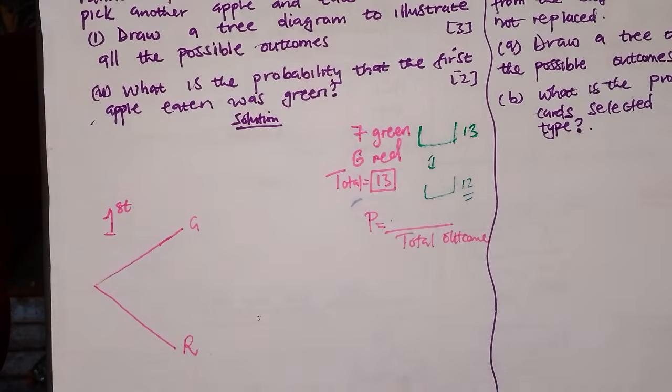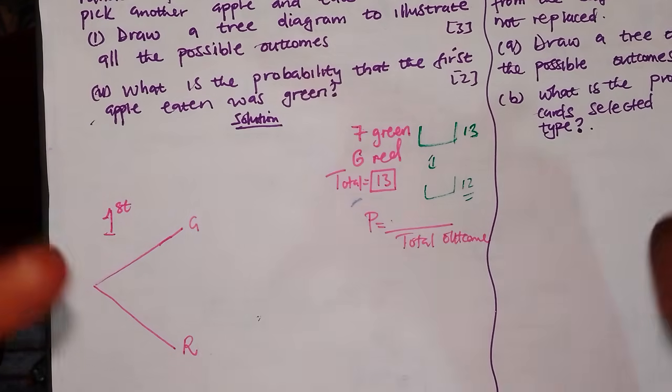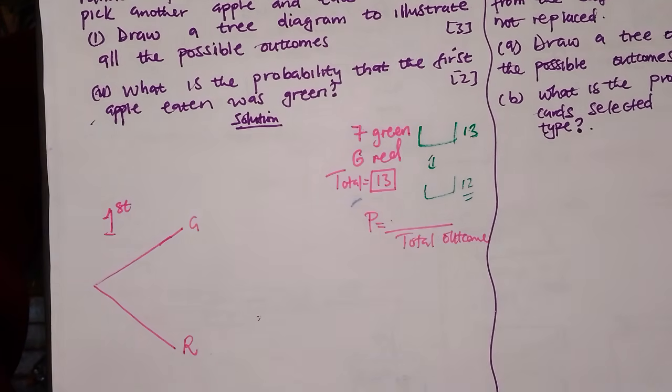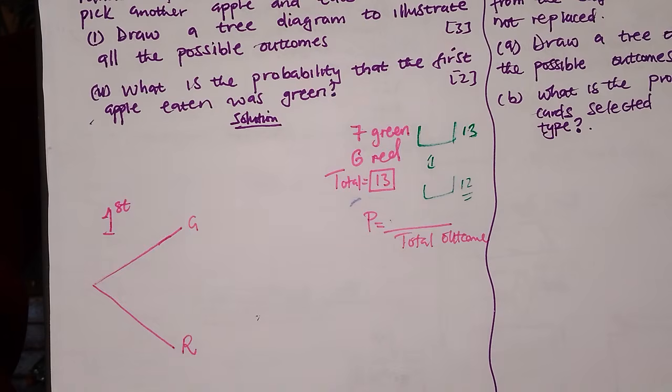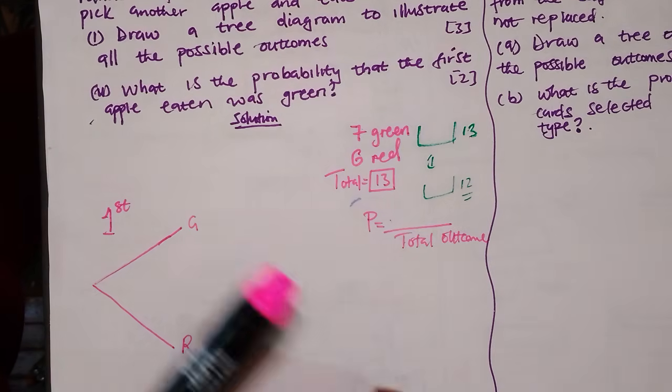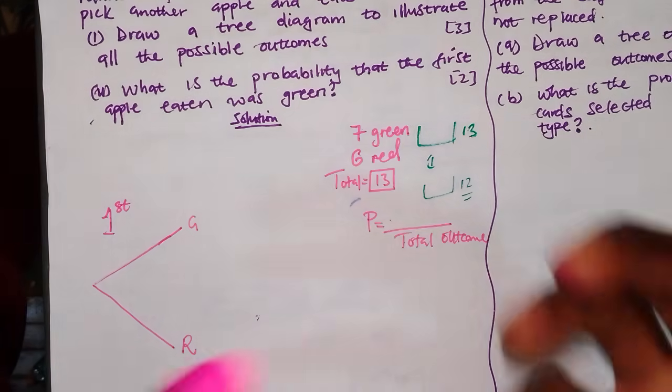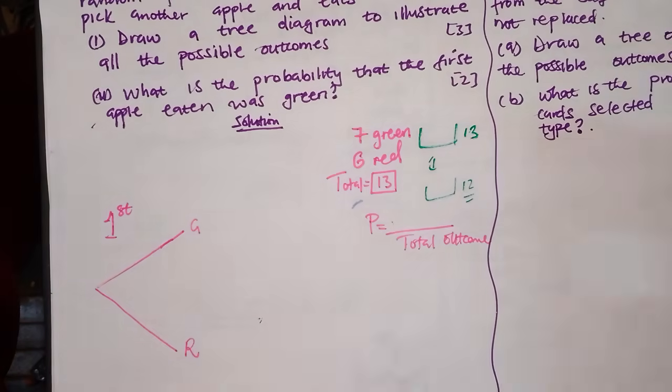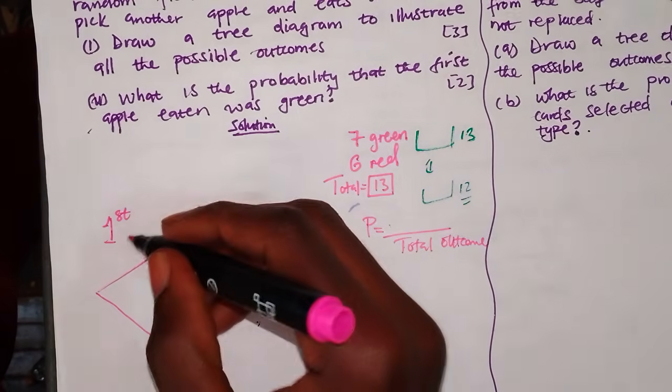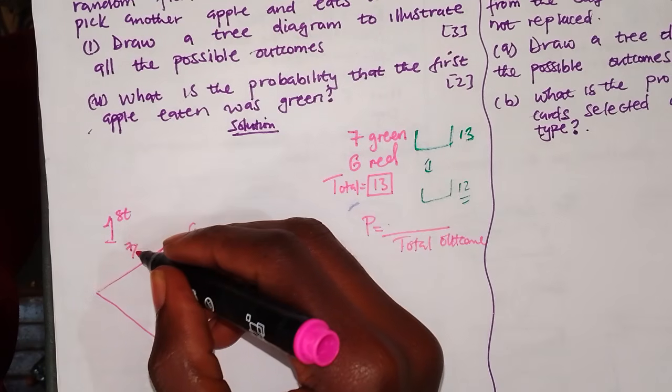Then you say that probability of that event happening over the total outcome. Yeah. So in our case, what is the probability of picking a green apple out of 13? How many green apples are there? We have 7. So it says 7 out of 13.